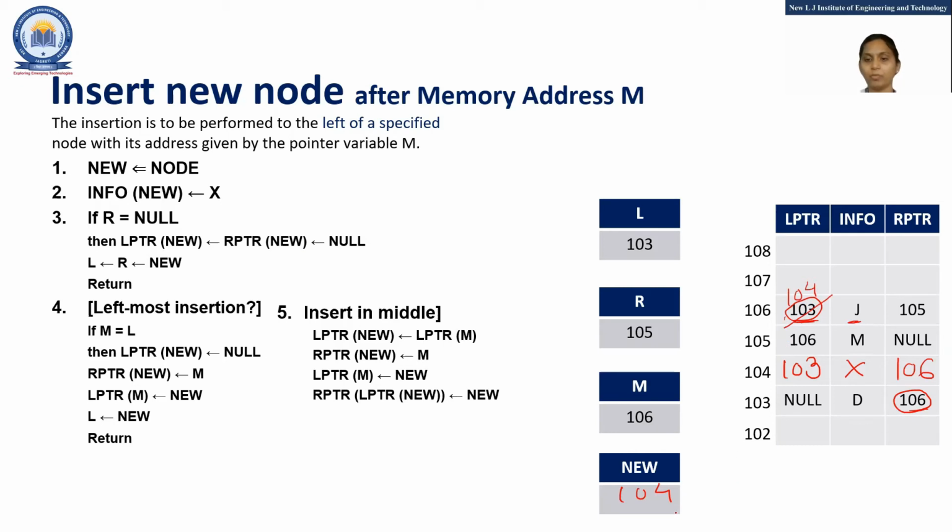When I say new left right, it means 104's left position is 103. So come to 103, and 103's R pointer is 106. So this part needs to be changed to your 104. Fine or not?